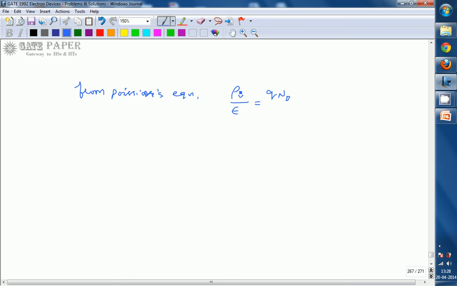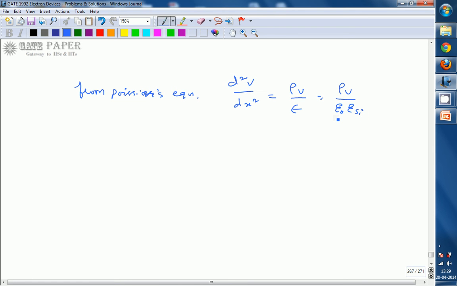Poisson's equation specifies that d²V/dx² is equal to minus rho_v by epsilon, where epsilon is epsilon naught times epsilon silicon.